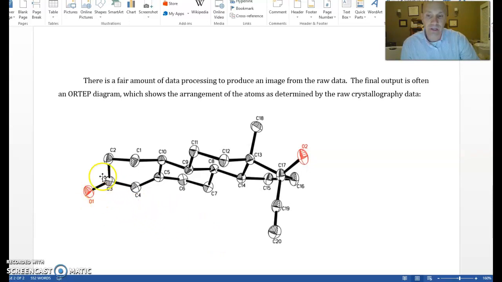It's just an arrangement where you can see the different types of atoms, like these are carbon atoms right here. This is an oxygen atom. But from this, you can tell a three-dimensional arrangement. So I just want to point out some of the common usages for X-ray crystallography. Figuring out the structure of relatively small molecules is not really its main purpose.